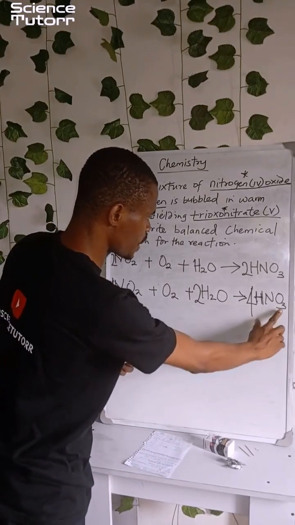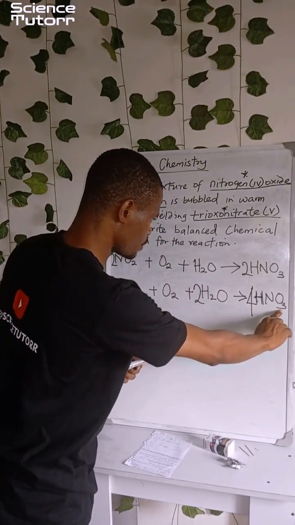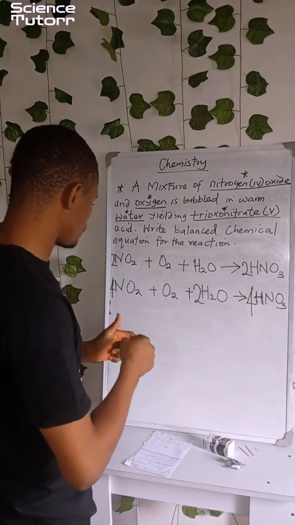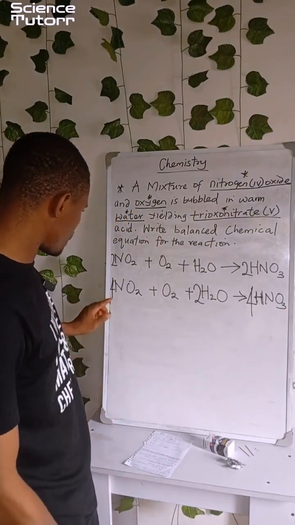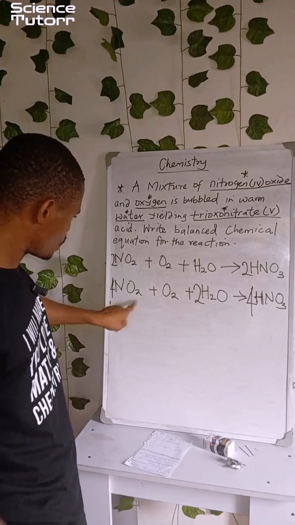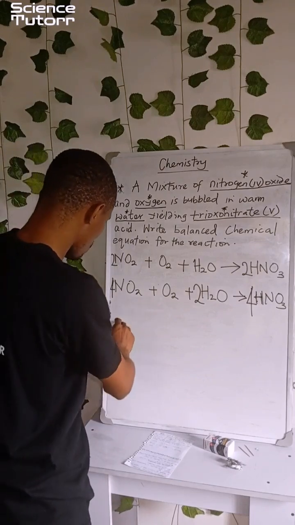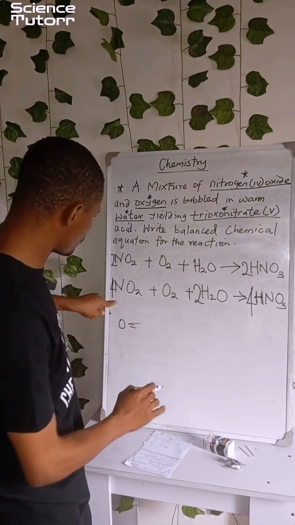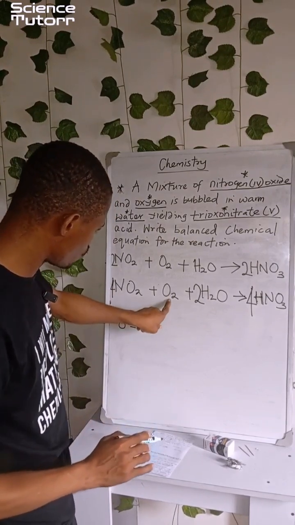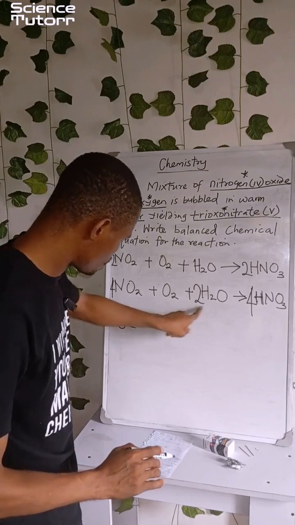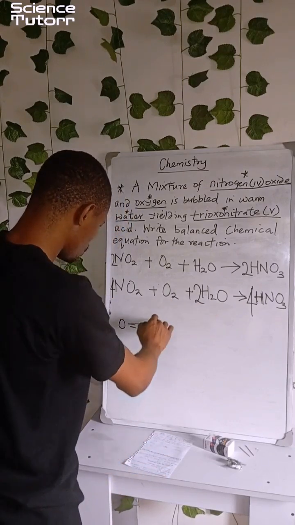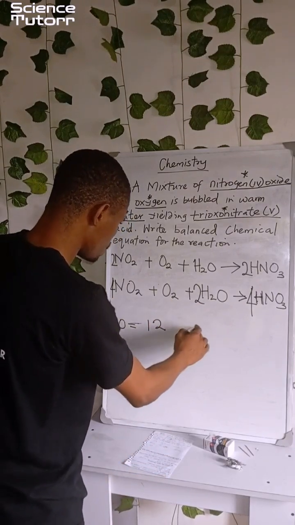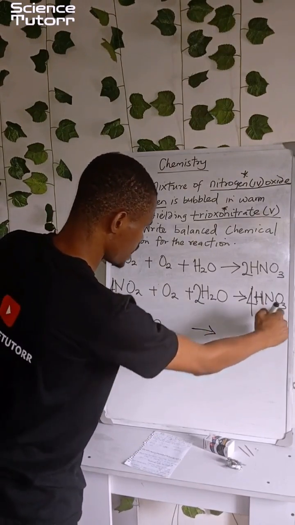Oxygen, 4 times 3 gives us 12. 12 on the product side. How about on the reactant side? 4 times 2 gives us 8. So for oxygen on this side, we have 8. 8 plus 2 is 10. 10 plus 2 is 12. So oxygen, I have 12 on this side, while on this side I have 12.